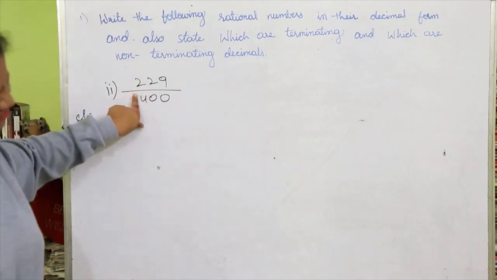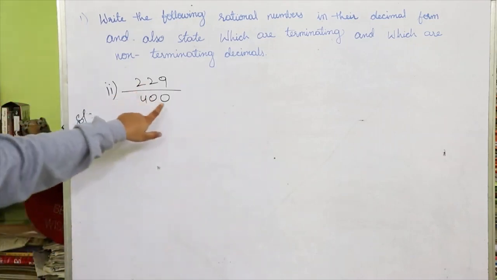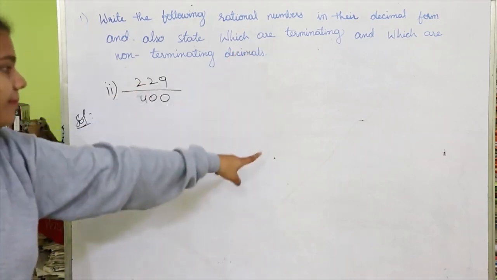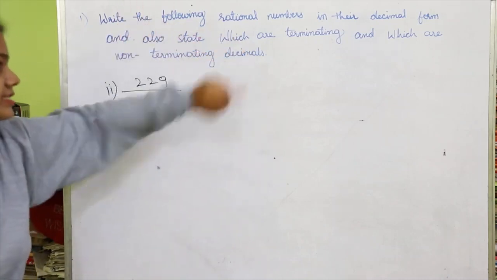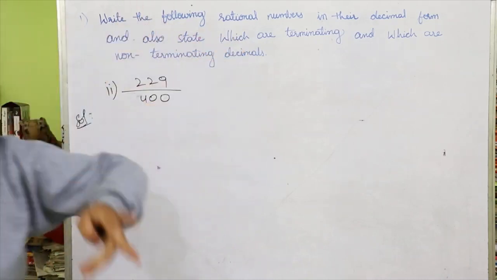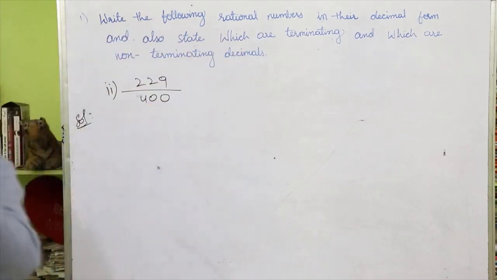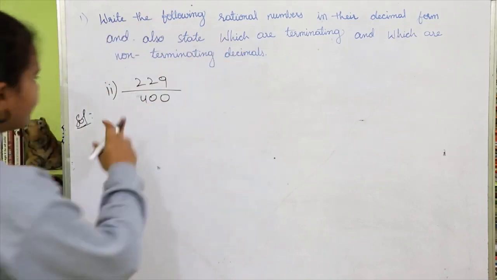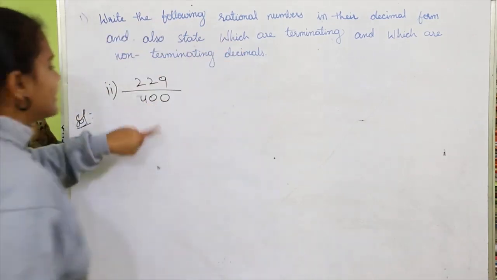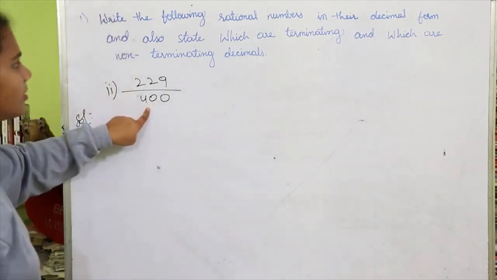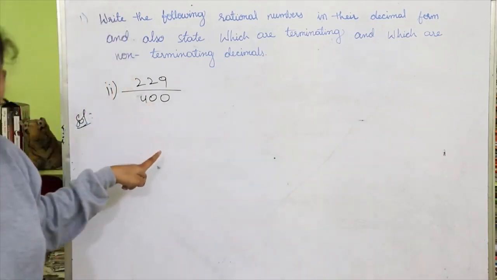Now here, if the denominator is in the form of 2^m × 5^n, then it would definitely be a terminating decimal. If it's not in the form of 2^m × 5^n, then it will be a non-terminating decimal. Firstly, let us check whether this is a terminating or non-terminating decimal, then let's go for the division process.